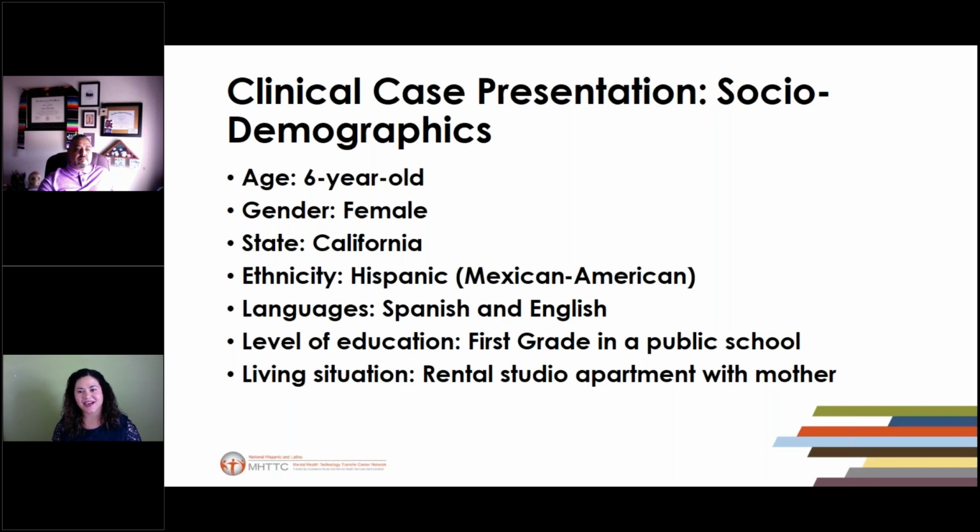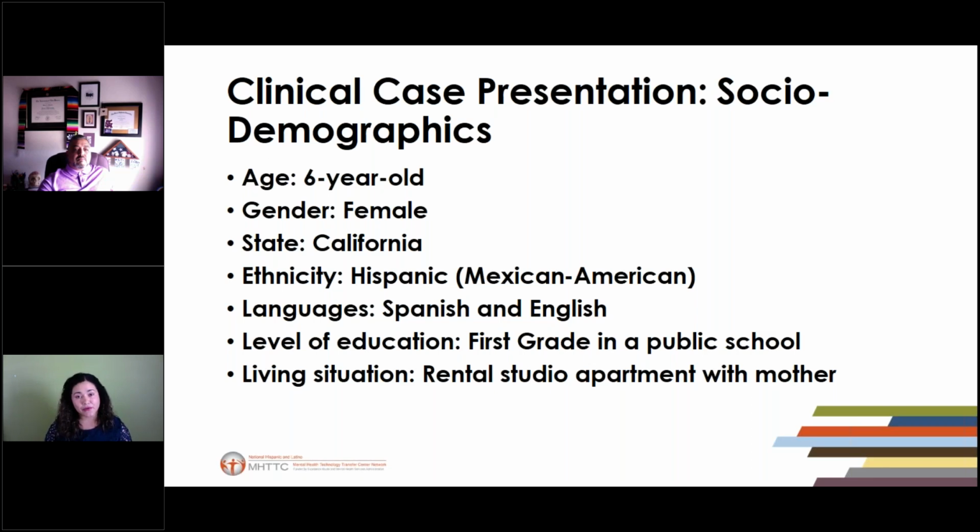So this was a 6-year-old girl who was born in California, and both of her parents were from Mexico. She speaks Spanish and English. Her mom only speaks Spanish, and she was going to first grade at a public school in California.